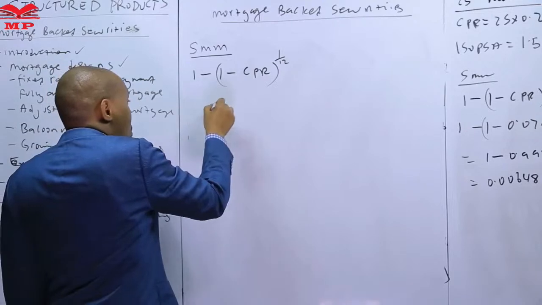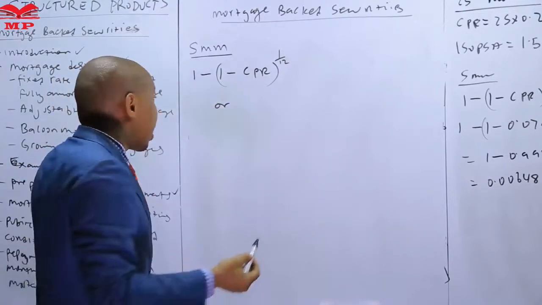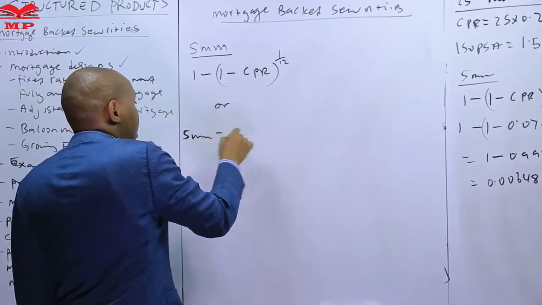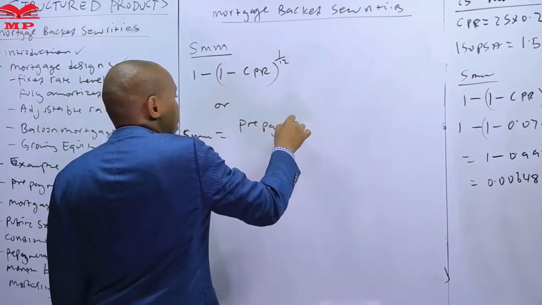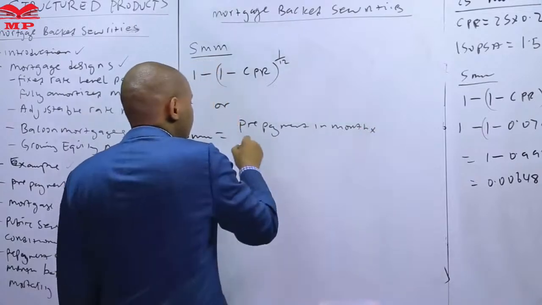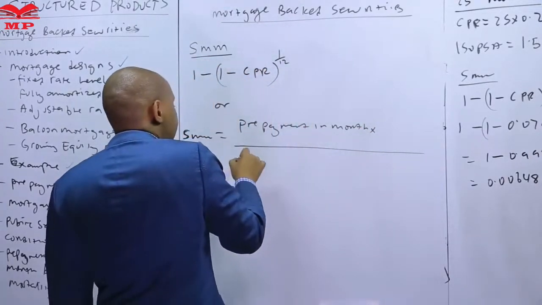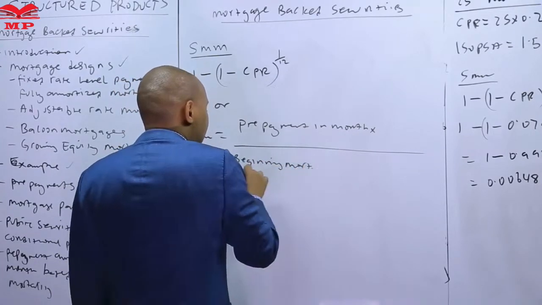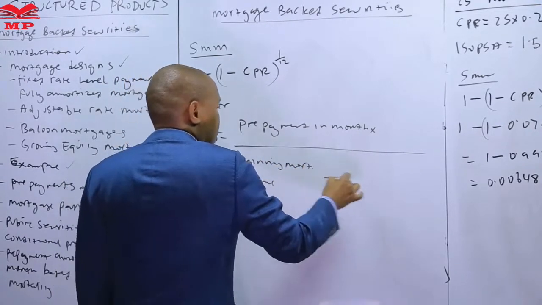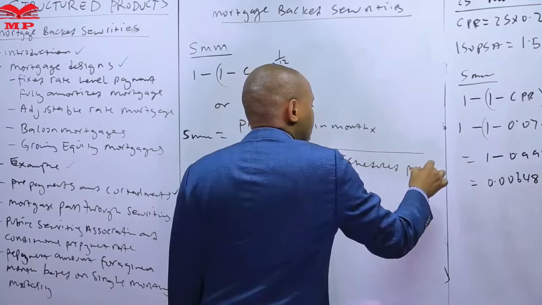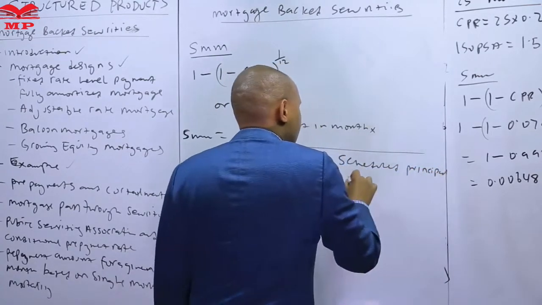Or, given the information, the SMM is given as the prepayment in month X divided by the beginning mortgage balance minus scheduled principal payments.